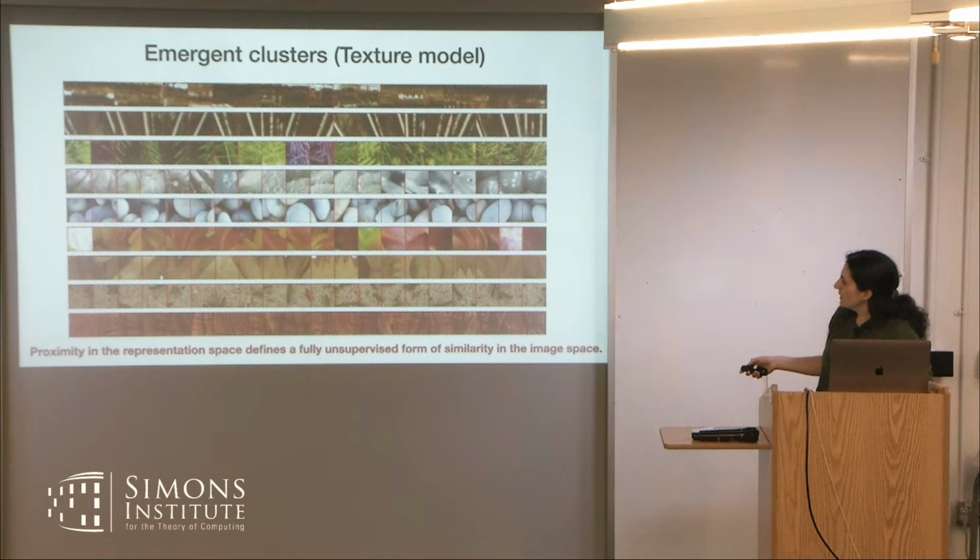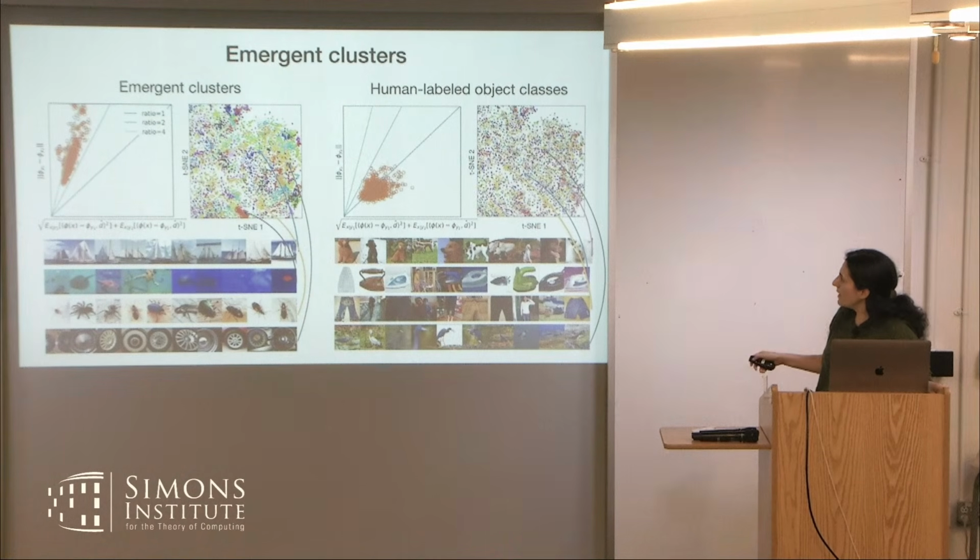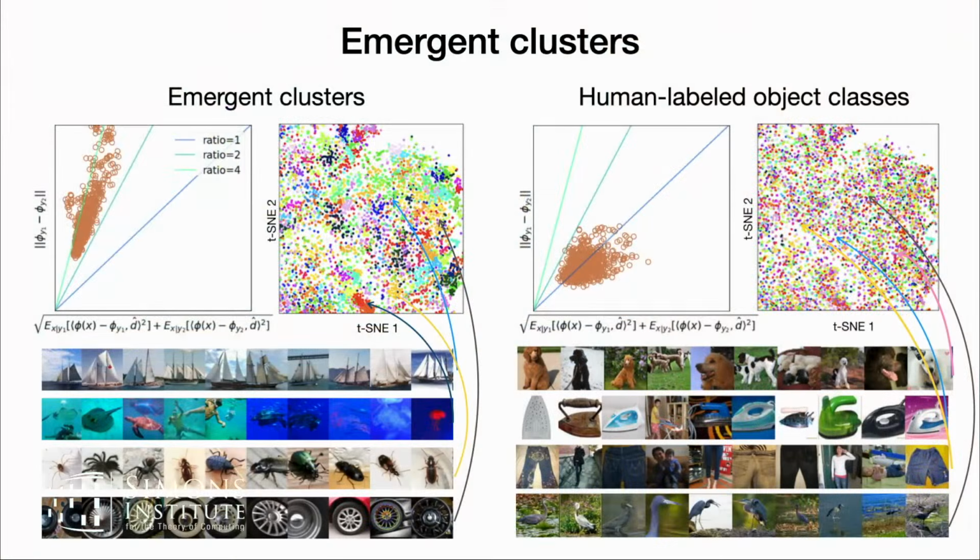In fact, if we look at the human-labeled object classes, they won't be separated at all. There is a large overlap between them. So what this is capturing is more the gist of the image as opposed to object identity. And it makes sense because object identity doesn't necessarily help denoising.